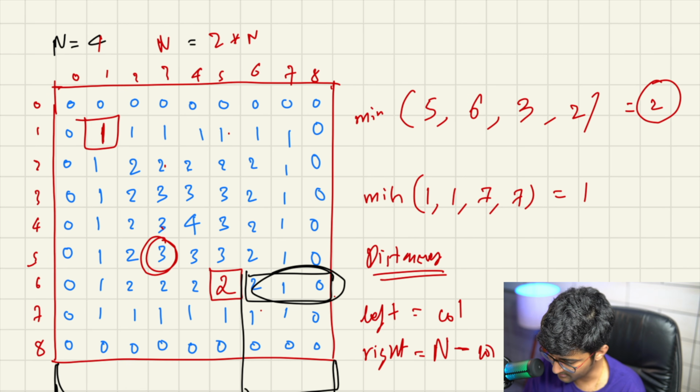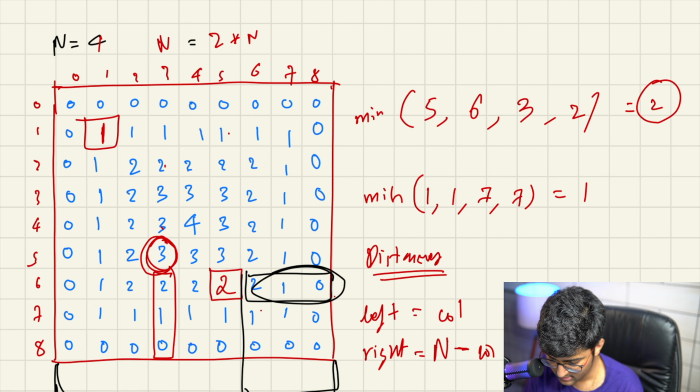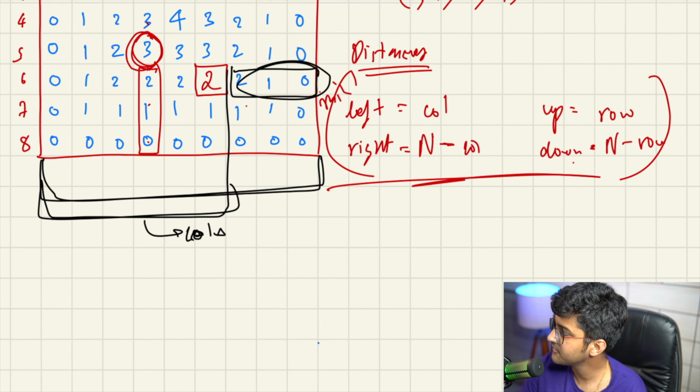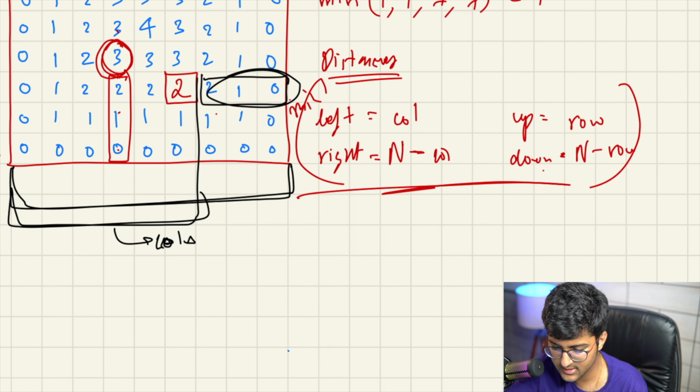Similarly, this is equal to n minus rows. Okay, so if you're at 3 over here, this should give me 3. So total number of n is 8 minus how many rows you have already come. I have come 5 rows, so it will give me 3. 1, 2, 3. That's correct. Yeah. Minimum of all of these is the answer. Minimum of all of these is the answer. Let's try to code this thing.